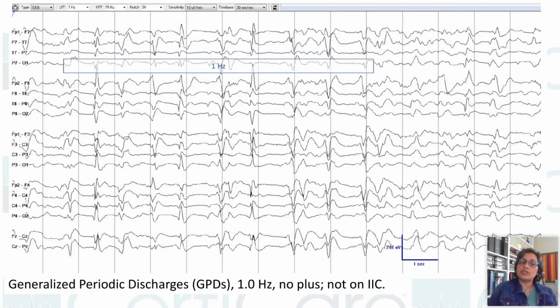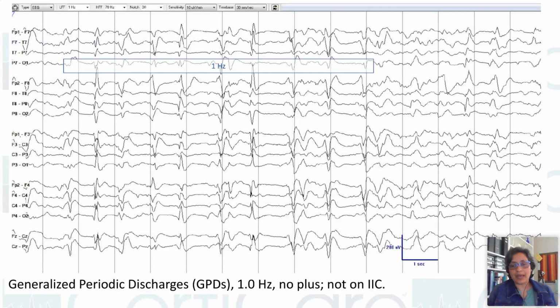Right now, just this 10-second image, according to the ACNS guidelines, these are generalized periodic discharges. There is absolutely no modifier here. So that's how it gets a little bit overwhelming. Like, how am I categorizing it? You are monitoring for 4 hours continuously.